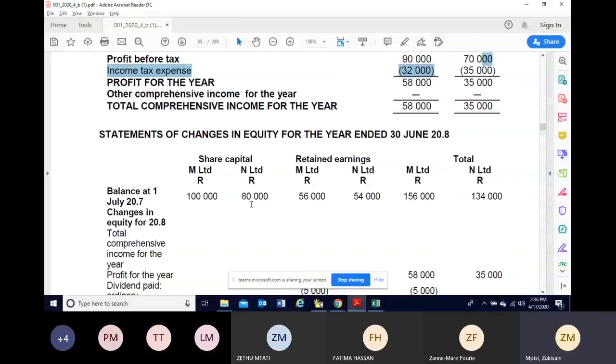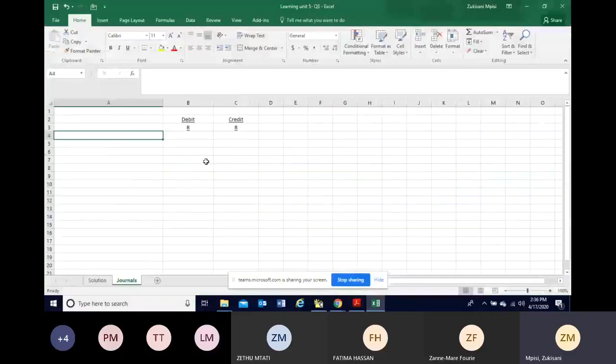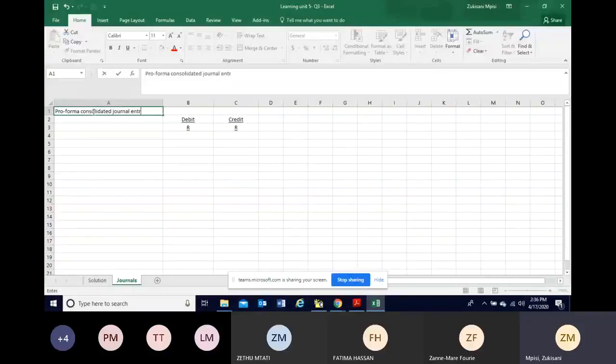Now for us to be able to do the statement of changes in equity, it's rather important that we go and do what we know as pro forma consolidated journal entries. We call them pro forma consolidated journal entries, because this is where I want you to understand what happens at acquisition.